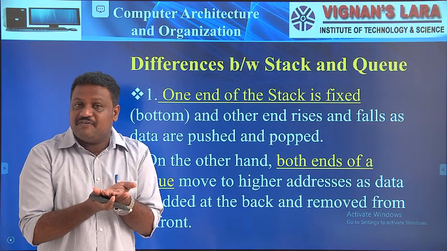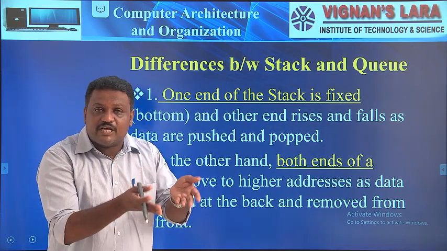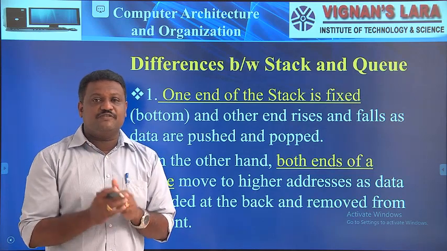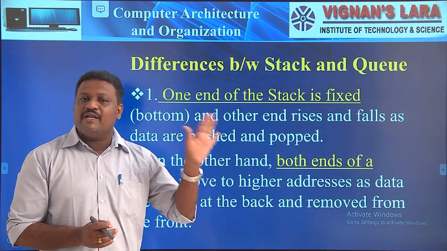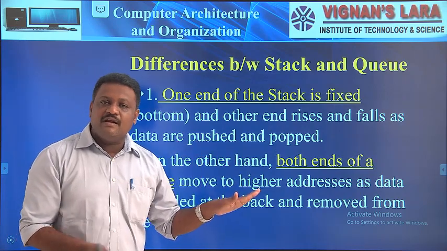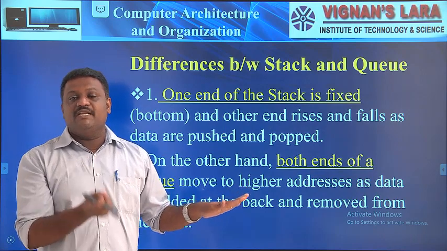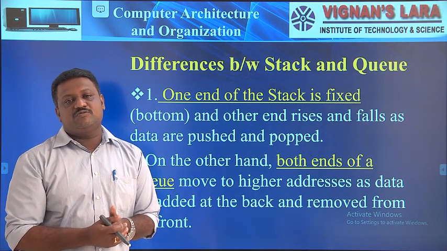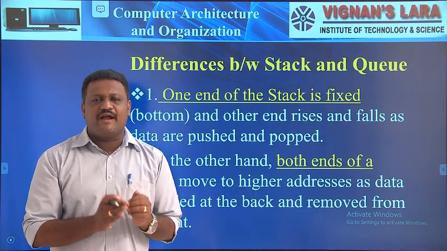One end is fixed, and the other end is for adding as well as retrieving data elements. So that is the first difference. In a stack, one end was fixed, and at the other end data was added or retrieved. But in a queue, at one end data was added, and at the other end data was retrieved. This is the first difference between a stack and a queue.